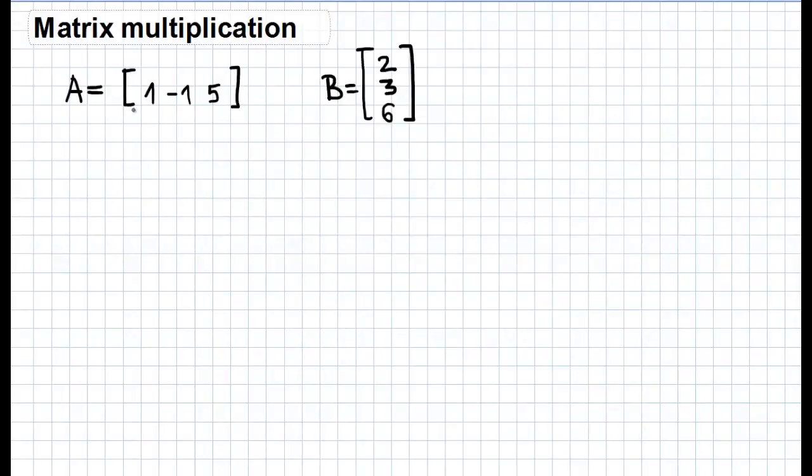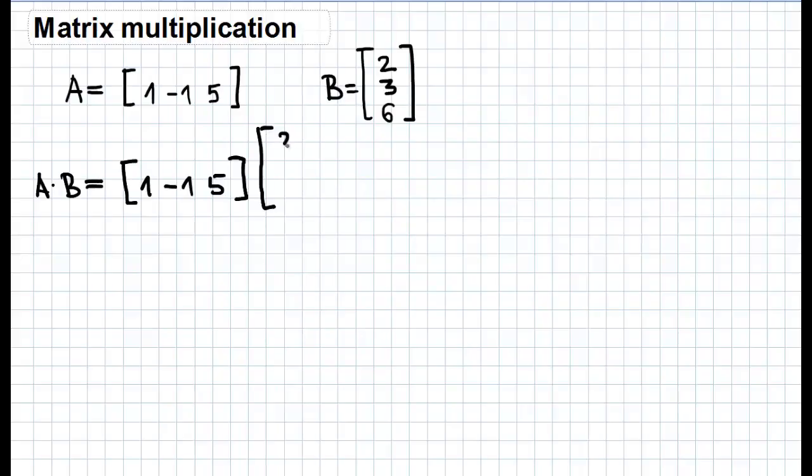Okay, now it is time to solve our second example. Here we will multiply matrices A and B, where matrix A has order 1 by 3, while matrix B has order 3 by 1. So let's first multiply A times B. Now let's rewrite these matrices. Matrix A 1, minus 1, 5 times matrix B 2, 3, 6.